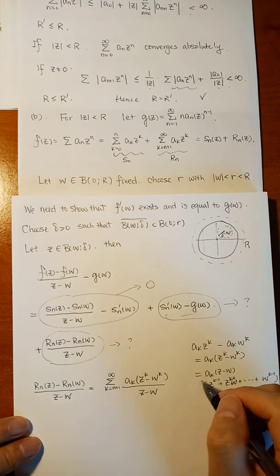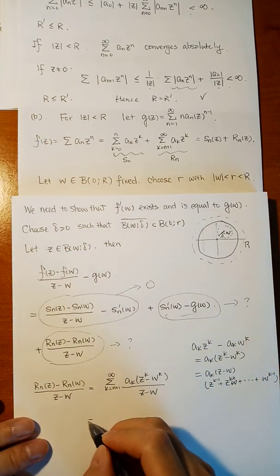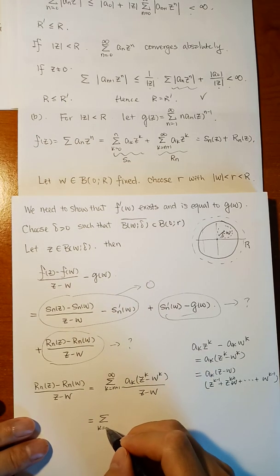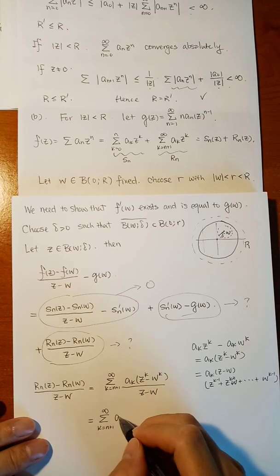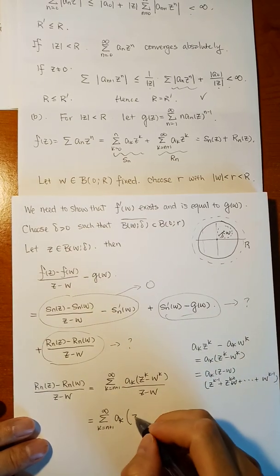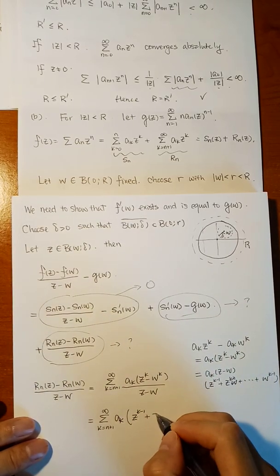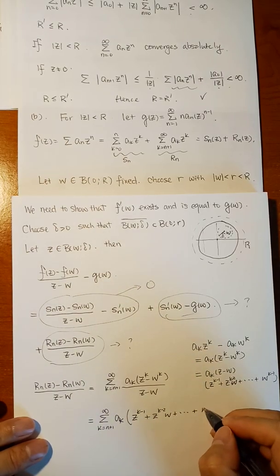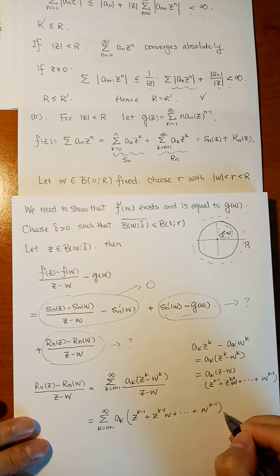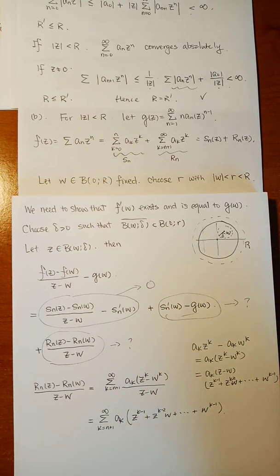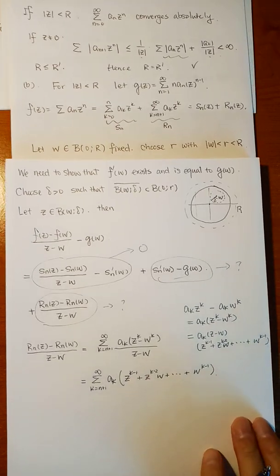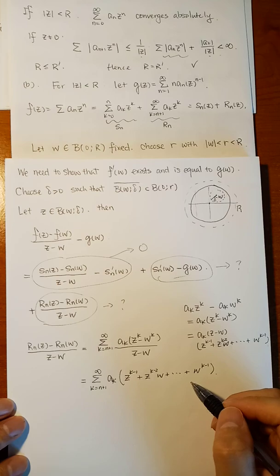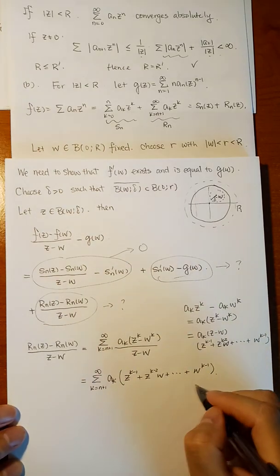You only have the sum over k from n plus 1 to infinity of ak times z^(k-1) plus z^(k-2) w and so on up to w^(k-1). And then in the book they gave us a very smart estimation.